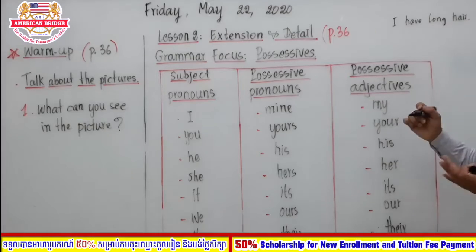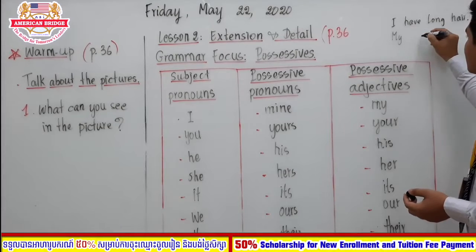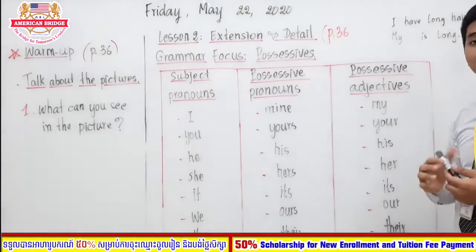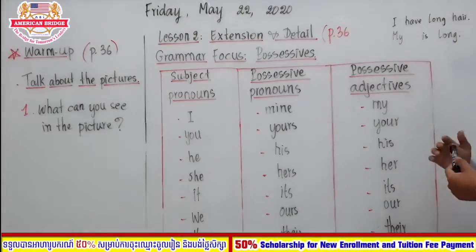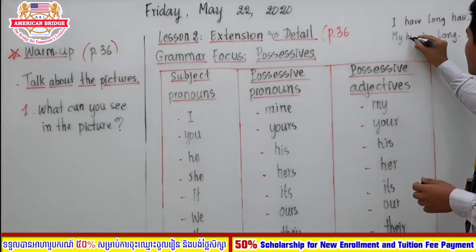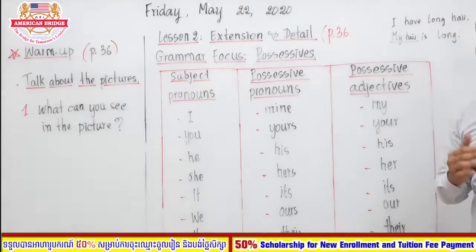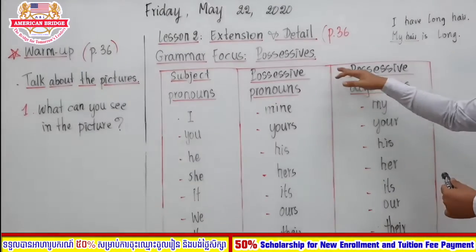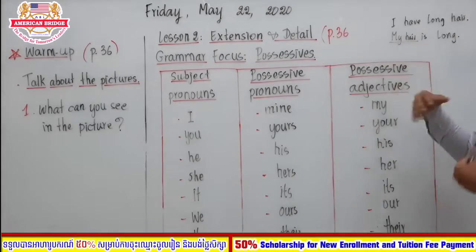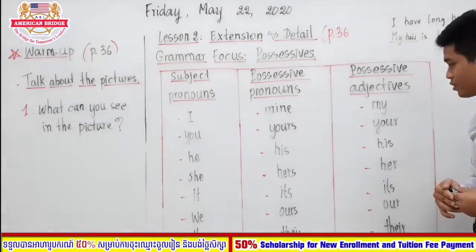Can you see, everyone? I have long hair, and then we change to my is long. Is it the correct sentence to write here? No, isn't it? So we need to add my hair here. So my is an adjective, and it functions as a possessive adjective. It is used to talk about hair. So my hair, which is the hair, belongs to me.